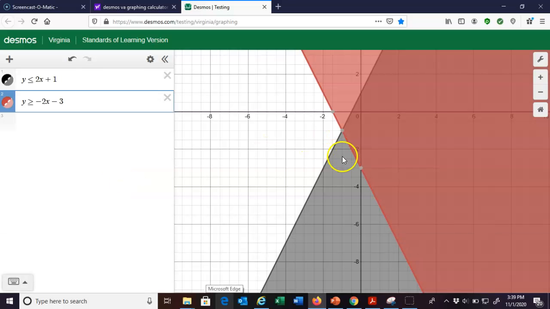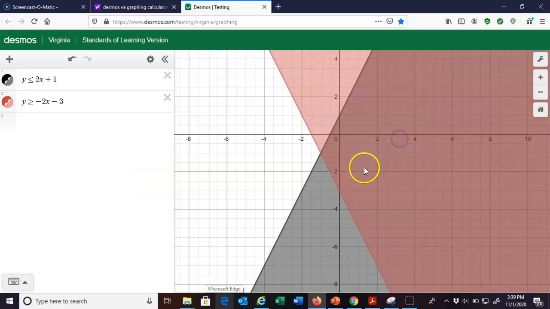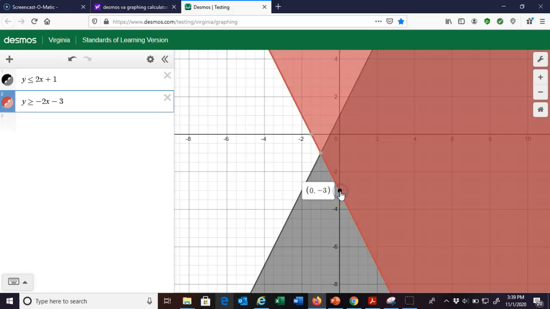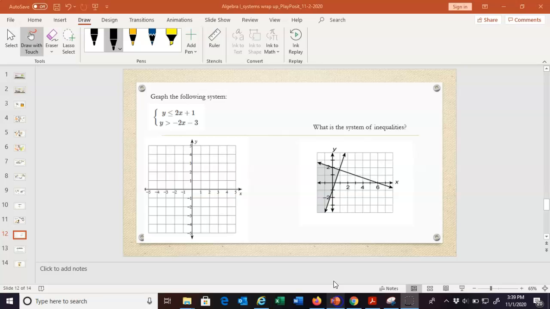There we go. Some helpful bits when you're graphing is to see where it crosses those axes. So at 0, -3, and then -1.5, 0. 0, -3, and -1.5, 0. There we go. That's the bottom line.